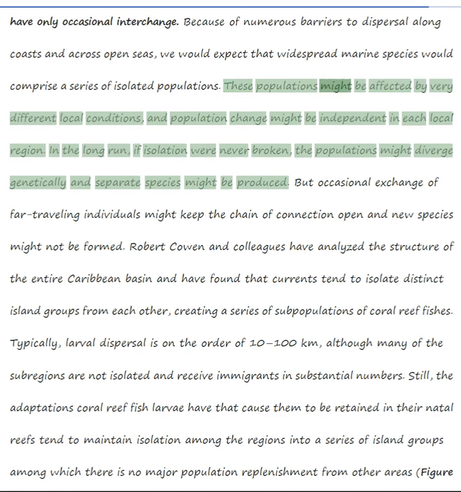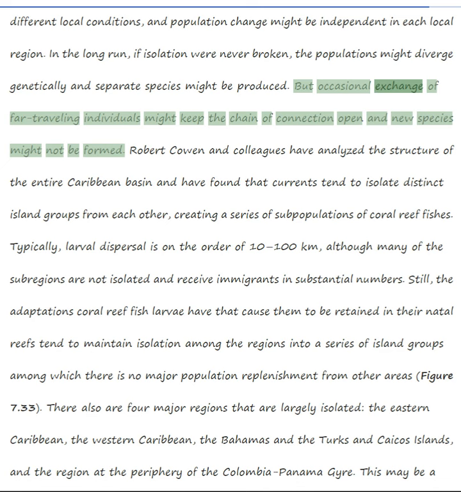These populations might be affected by very different local conditions, and population change might be independent in each local region. In the long run, if isolation were never broken, the populations might diverge genetically and separate species might be produced. But occasional exchange of far-traveling individuals might keep the chain of connection open and new species might not be formed.